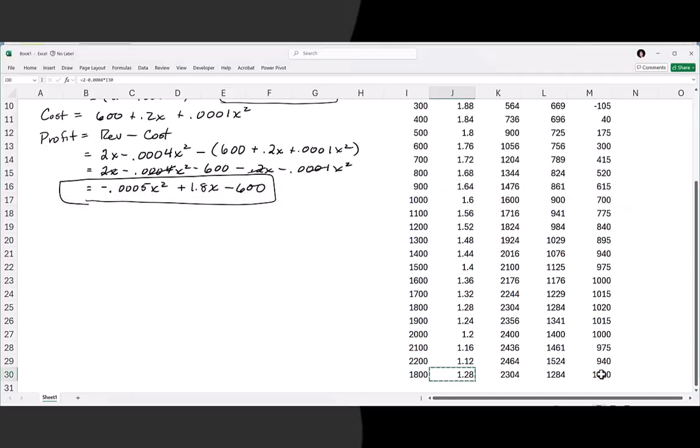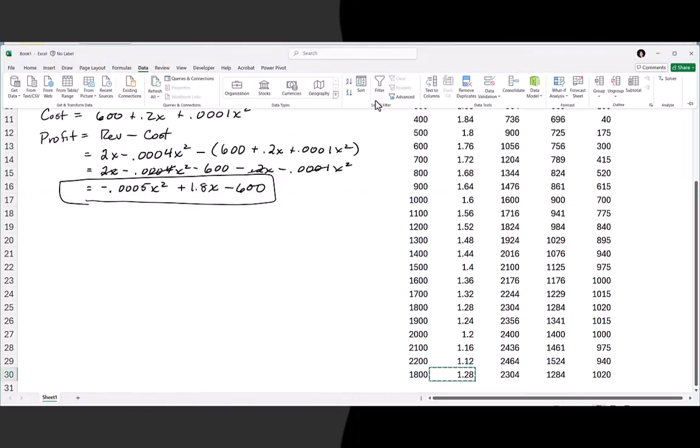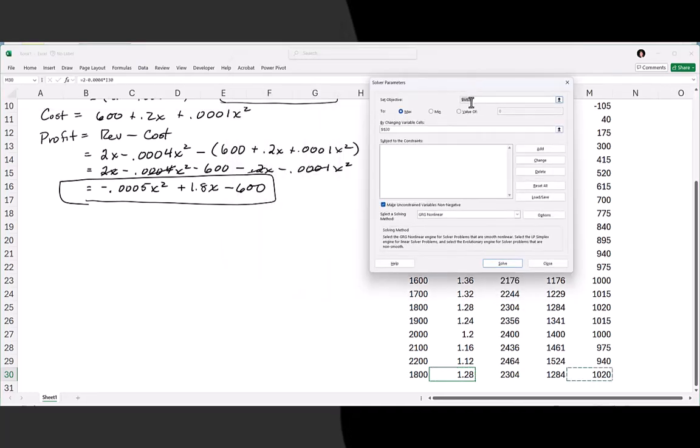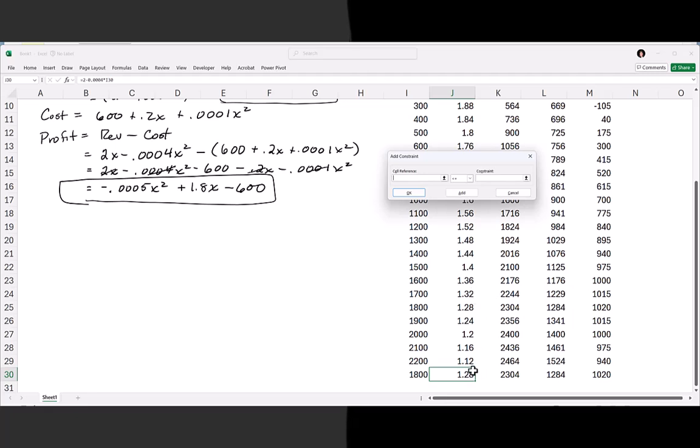Well, let's pull up Solver again, and we can put in a constraint. So I'm still maximizing the profit by changing the number of units, which is this one, yes, subject to the constraint that, let me add a constraint, the price has to stay less than $1.25.